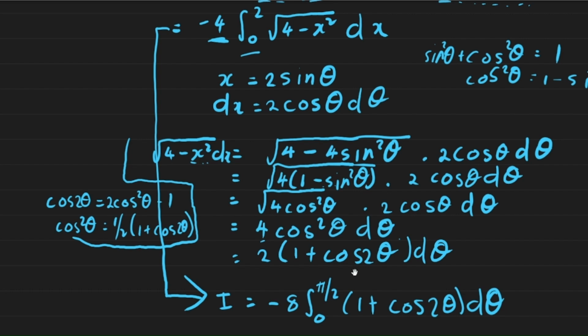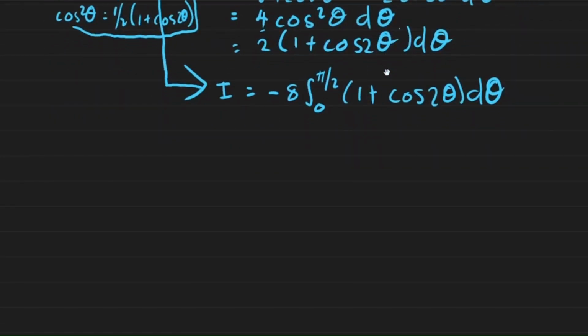Then integrating this, it becomes minus 8 into, well, the integral of 1 is just theta, and the integral of cos 2 theta is, well, the integral of cos is sine. But also remember that we have a function within a function, so we have 2 theta. Sorry, I neglected to write the 2 theta here. So to cater for this 2 that's inside the sine, we have to put a half in front. And we're integrating from 0 to pi over 2.